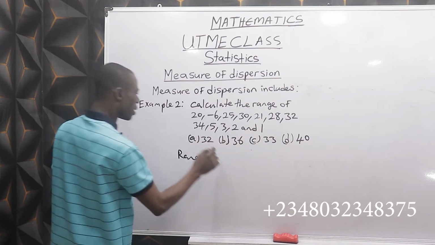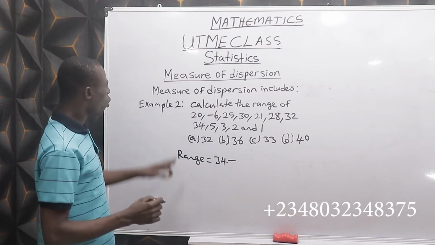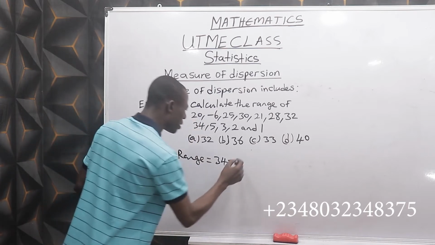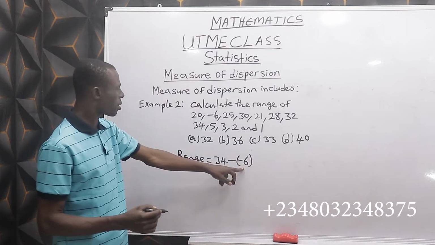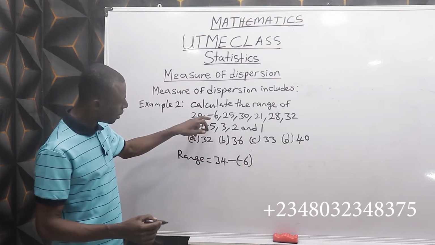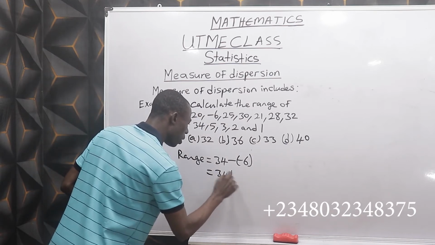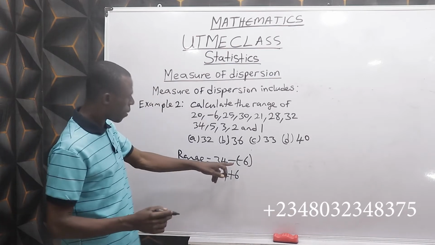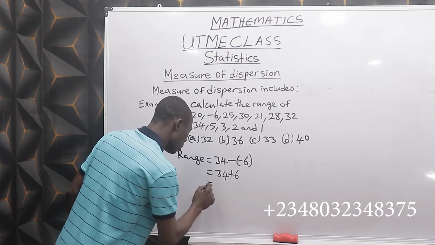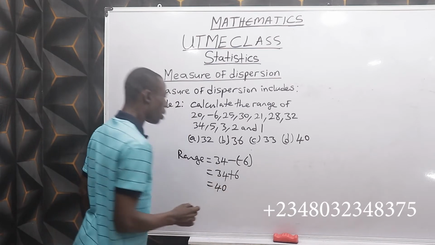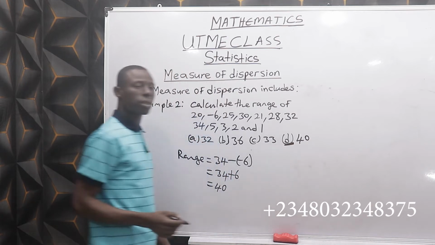The highest value here is 34 minus the lowest value. The lowest value here is negative 6. Look at it. Negative 6. Not 1, but negative 6. Therefore, 34 plus 6 results. Negative times negative is positive. So, answer is 40. And that corresponds to option D.